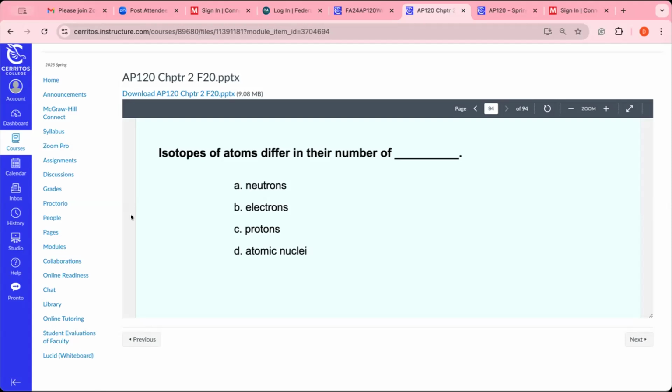So the answer there would be neutrons. Okay, they differ by neutrons. I typed it in the chat for you. Okay.